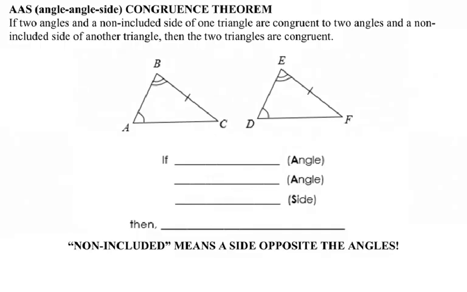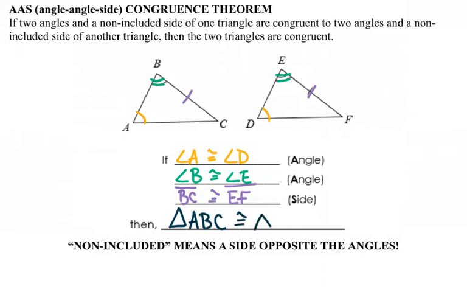So now let's look at the angle angle side theorem, so AAS. It's pretty much the same theorem that we just talked about. The side is in a different location, is the only thing. So if you have angle A and angle D congruent, and you have angle B and angle E congruent, and then you have a side that is not in between, so BC is congruent to EF, then you can state the two triangles are congruent.